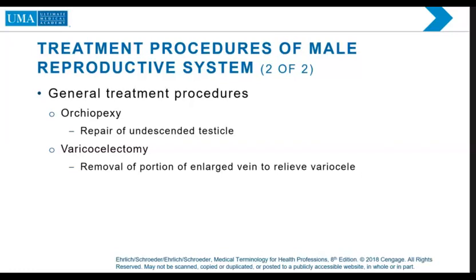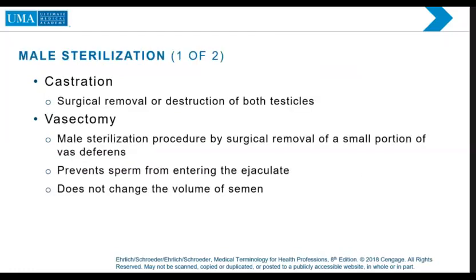Varicocelectomy is the removal of a portion of the enlarged vein to relieve varicocele. Castration is the surgical removal or destruction of both testicles. Vasectomy is the male sterilization procedure by surgical removal of a small portion of the vas deferens.